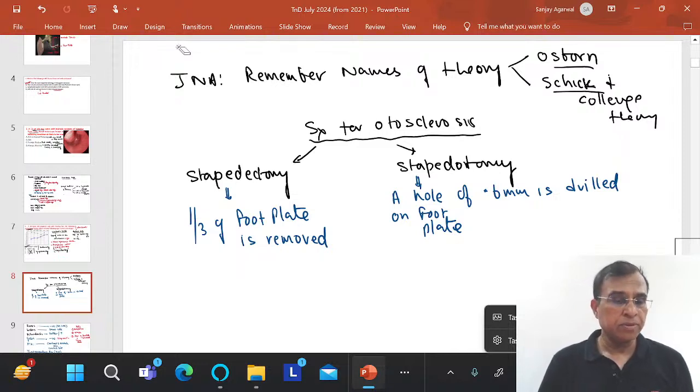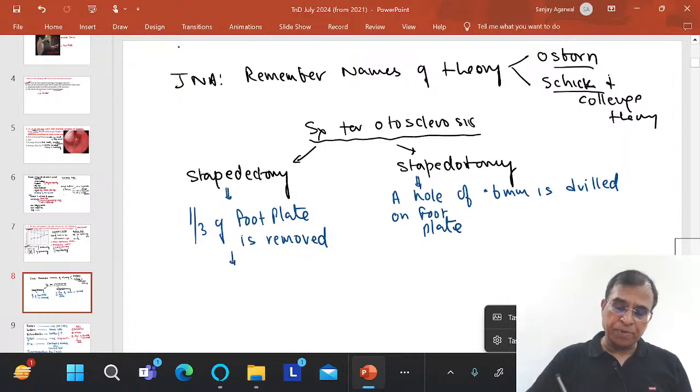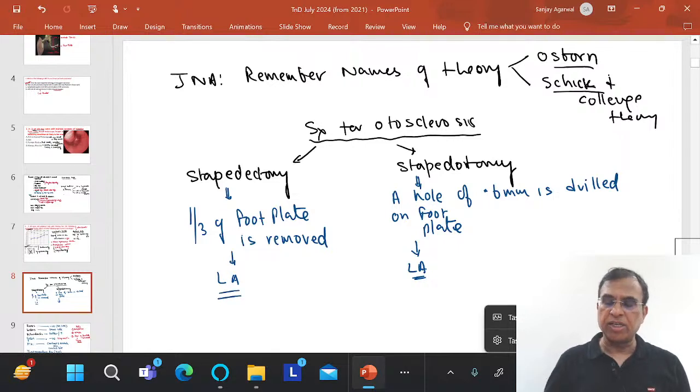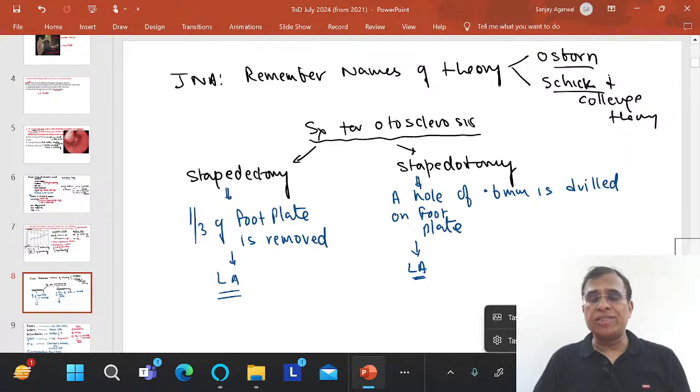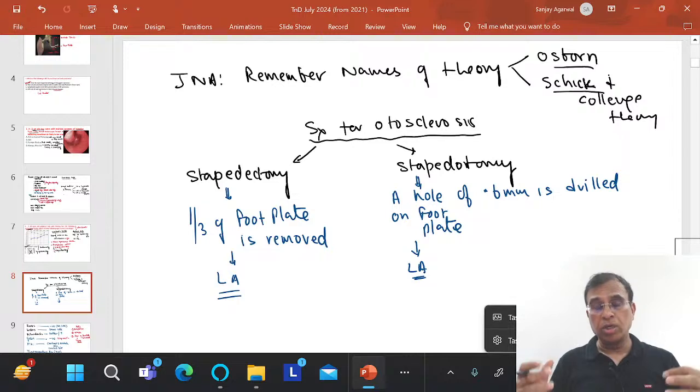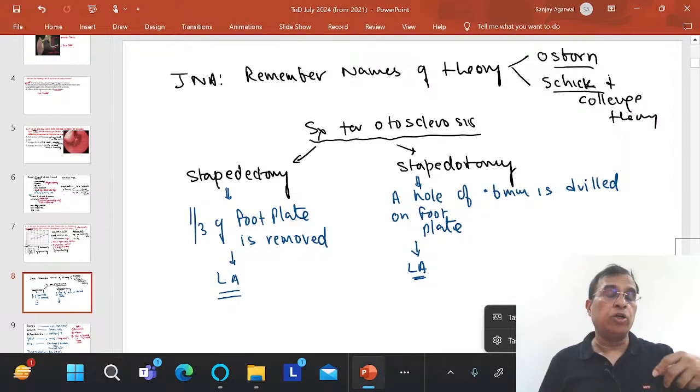Okay. Yes, both the surgeries are preferred under LA. Why? Because during stapedectomy surgery, after you drill a hole or remove 1/3 of the foot plate and then put a prosthesis in place, you have to check the hearing of the patient, whether the patient has improved the hearing or not.